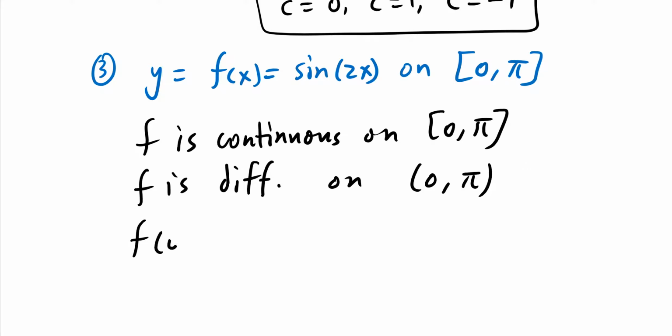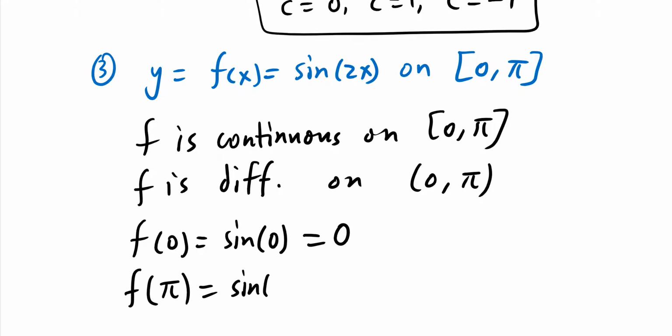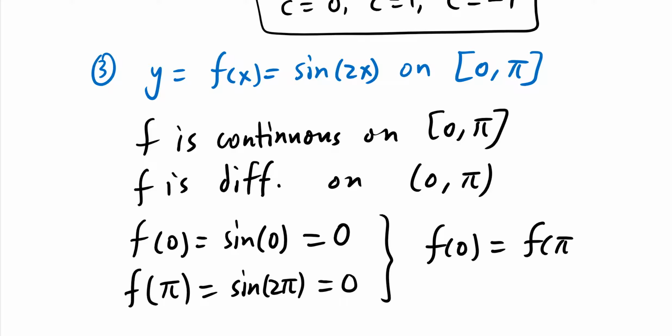And if I find f of 0, that's sine of 2 times 0, sine 0, which is 0. And f of pi is sine 2 pi, which goes back to 0, so it's 0. So these are the same. F of 0 equals f of pi. So the three conditions are met, 1, 2, and 3.